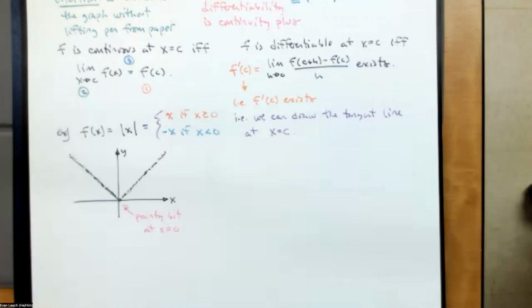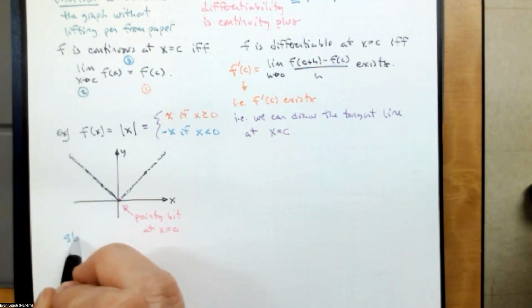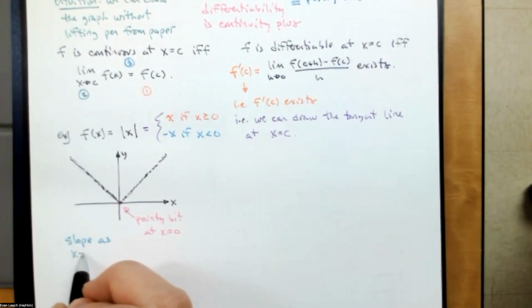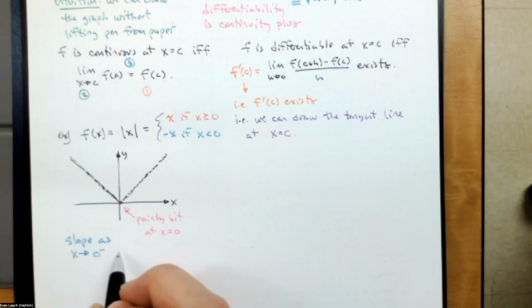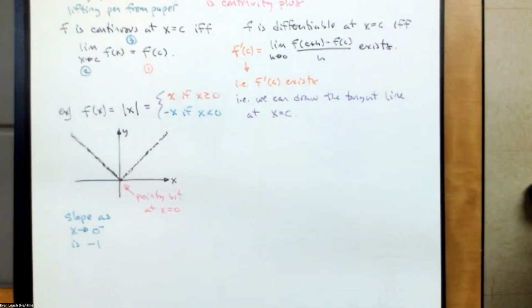So the slope as x approaches 0 from the left is -1. But the slope as x approaches 0 from the right is +1.